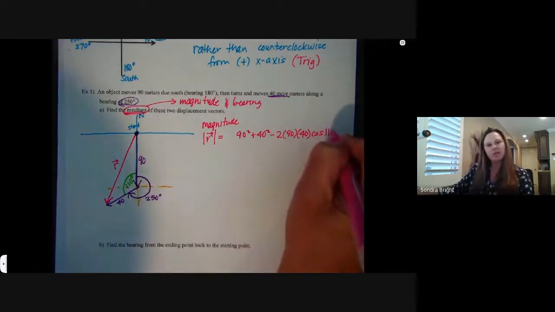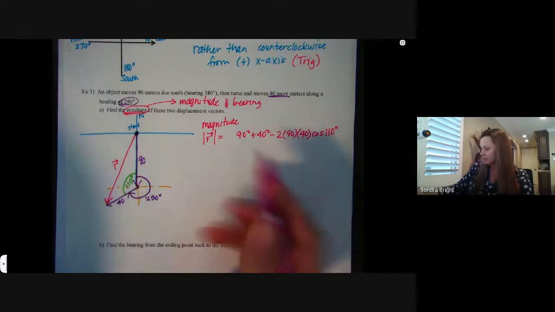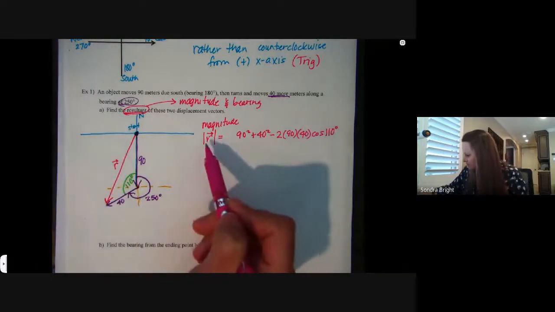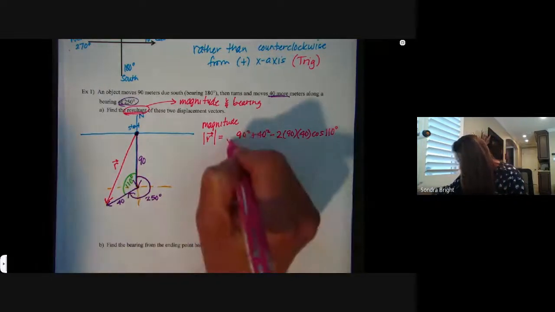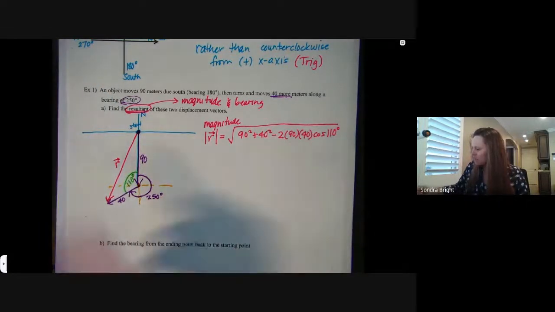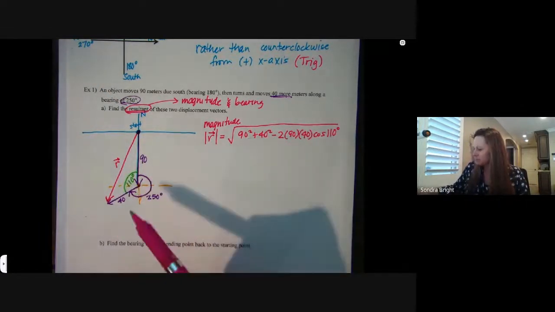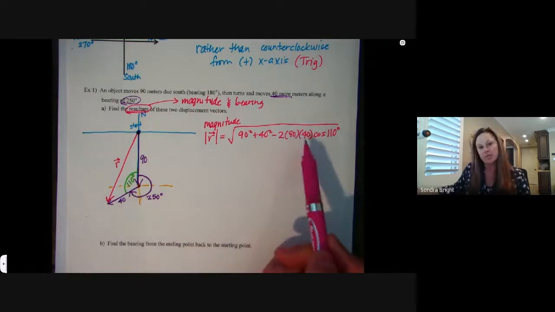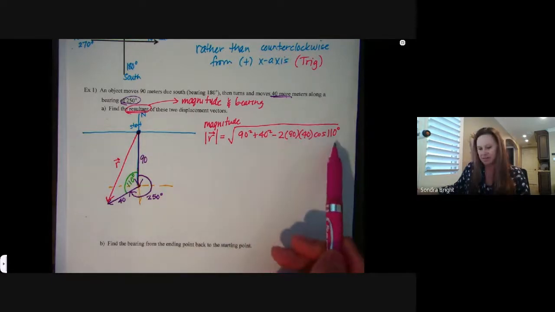I want to take the square root of both sides. So this magnitude will be the square root of side squared plus side squared minus 2 times side times side times the cosine of that angle opposite there.